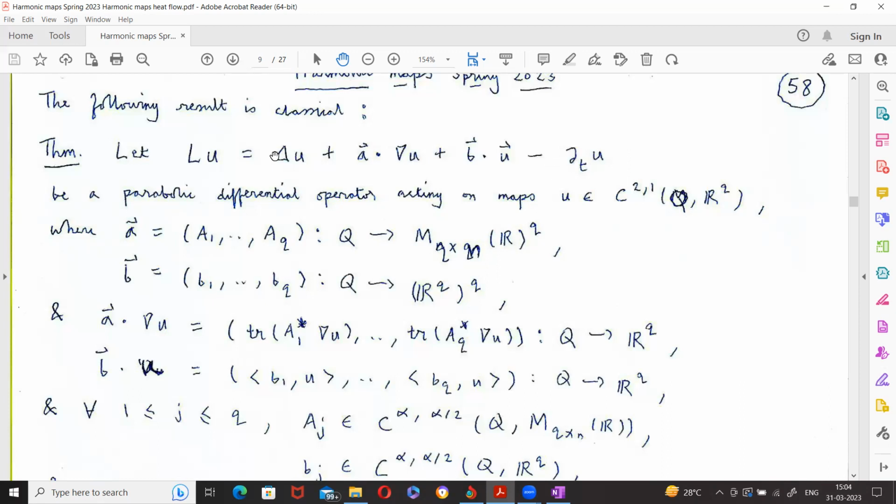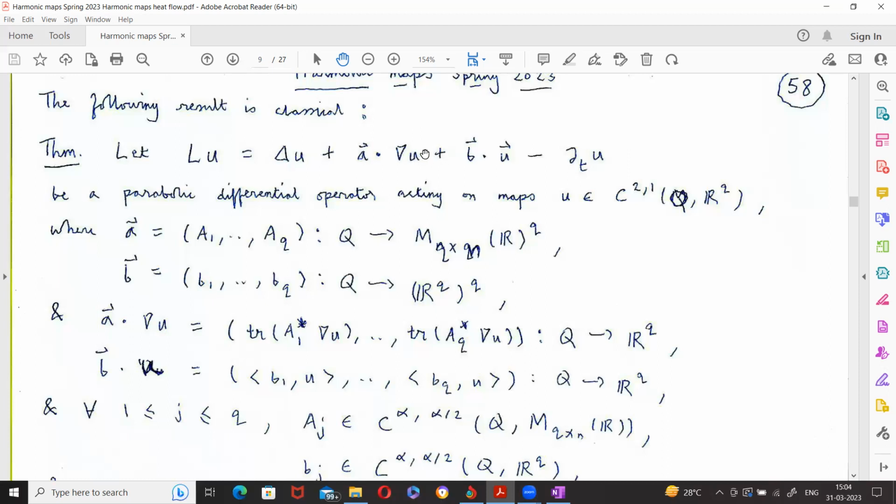Okay, so this Laplacian delta minus del t is called the heat operator. It's an operator in both space and time. So you have this Laplacian u minus del t u, and then you have some first order and a 0th order term.